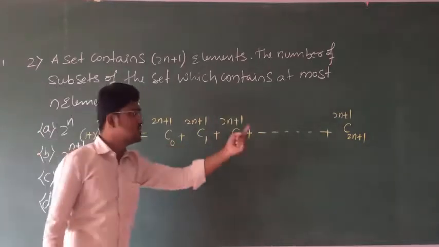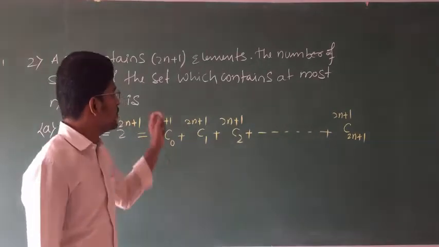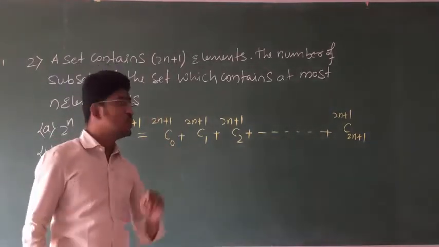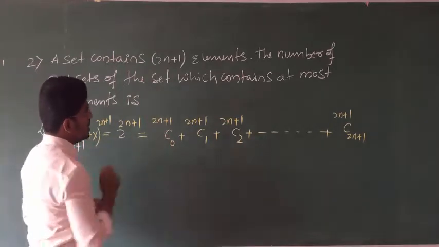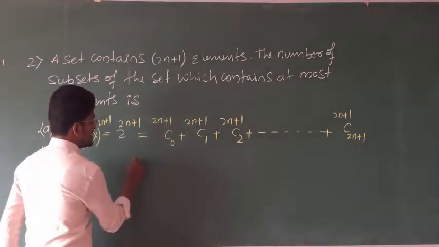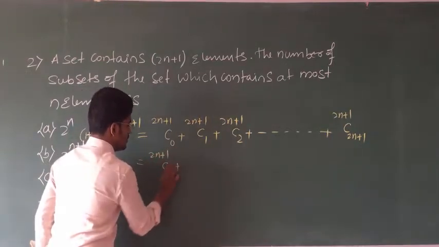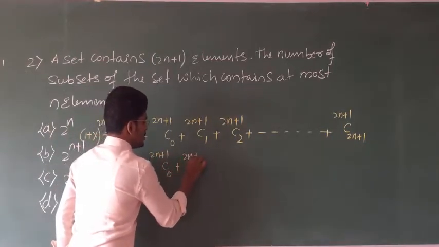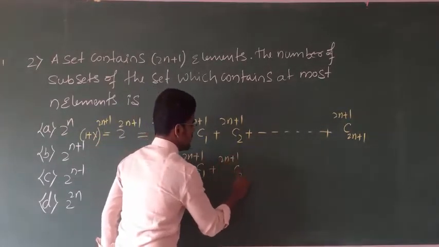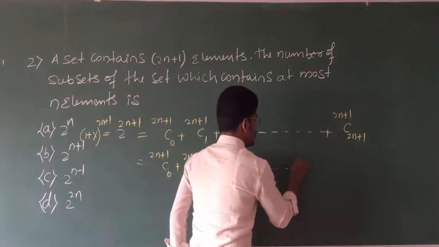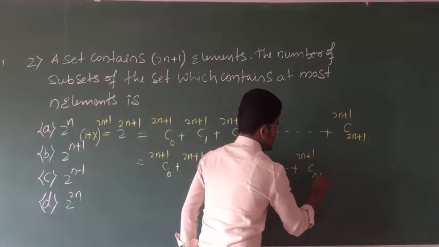So you will convert this to 2n plus 1 C0 plus 2n plus 1 C1 plus 2n plus 1 C2 plus so on to 2n plus 1 C 2n plus 1.